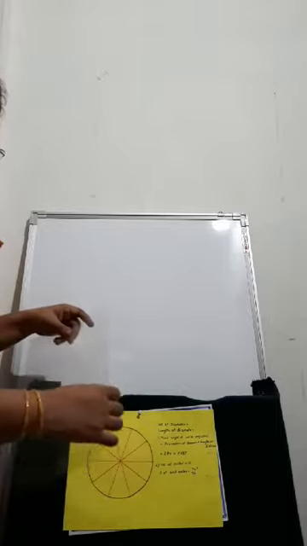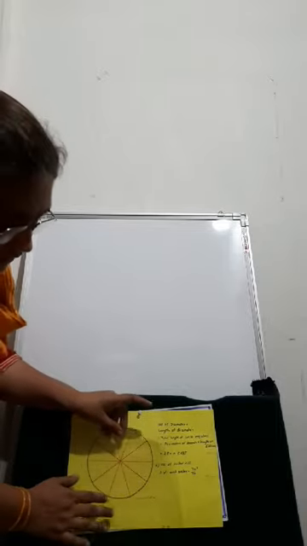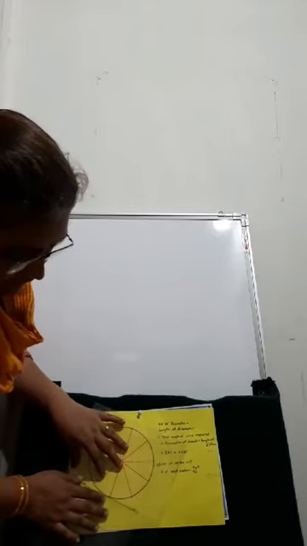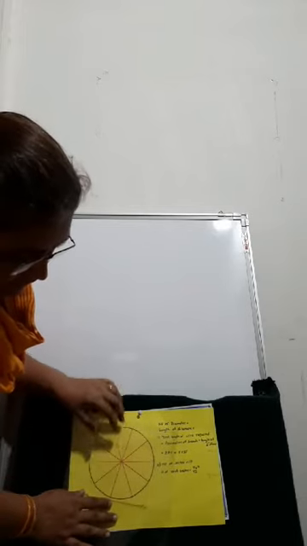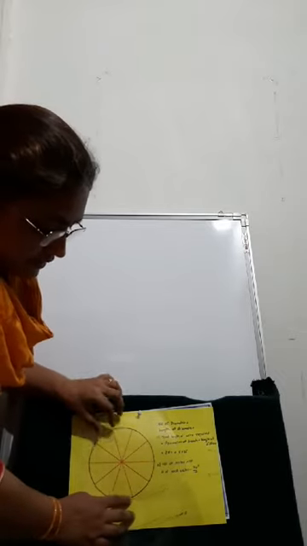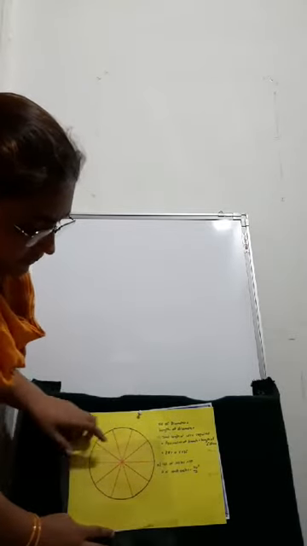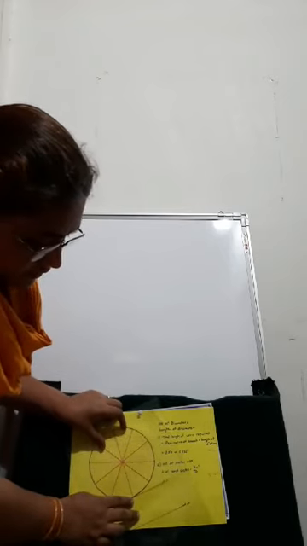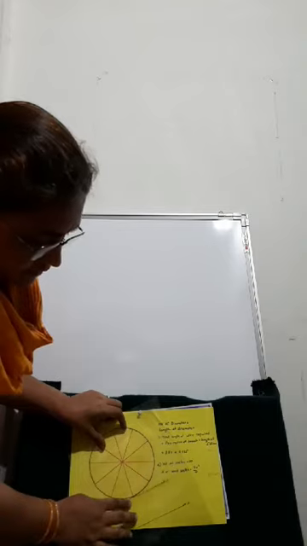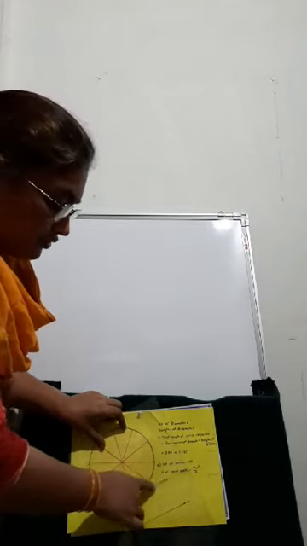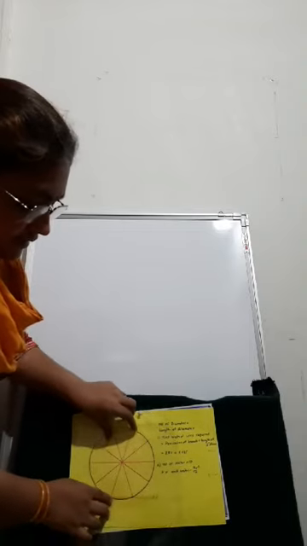So when it runs on the floor, consider this as a tangent for this stick. Okay, see, if I put the floor like this, then only it can run.